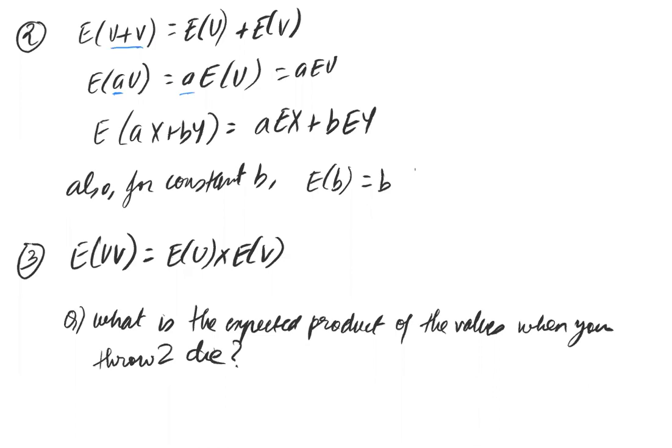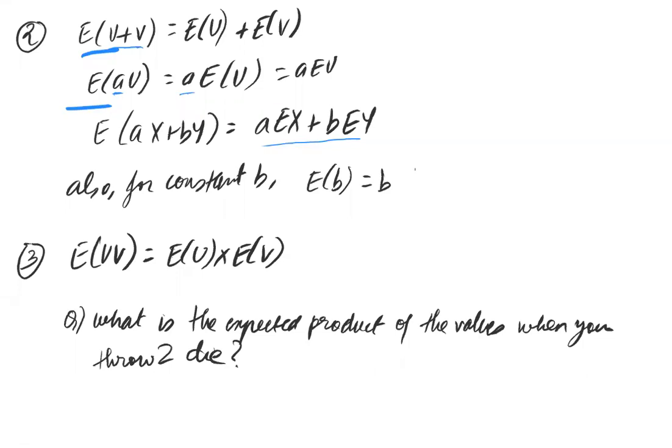The next one, building up from both these properties, we have E of AX plus BY. Just try to think why we get this solution. It's very obvious, so I'll just write it down.